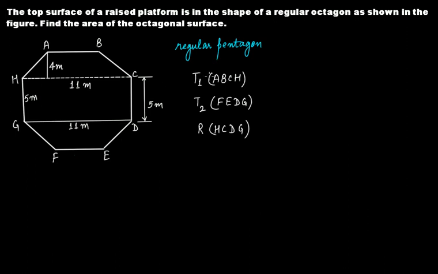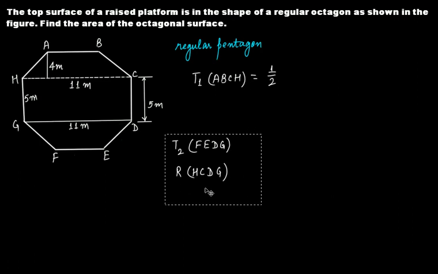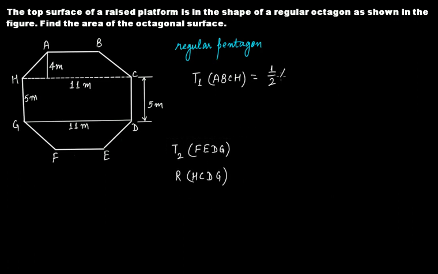The area of a trapezium is given by half multiplied by the height. So height is 4 meter. If this is 4 meter, this will also be 4 meter because it is a regular octagon. Half, 4 multiplied by the sum of the two parallel sides.